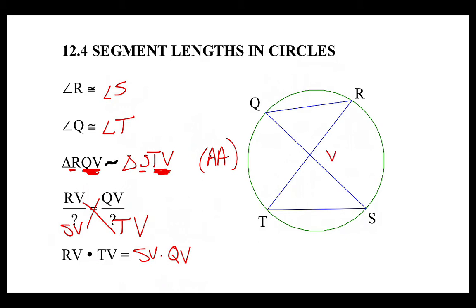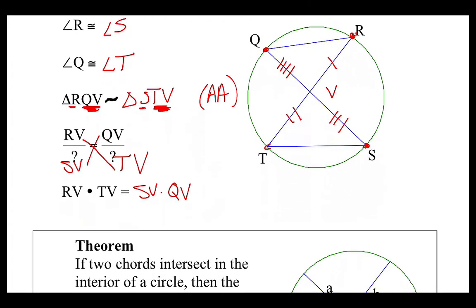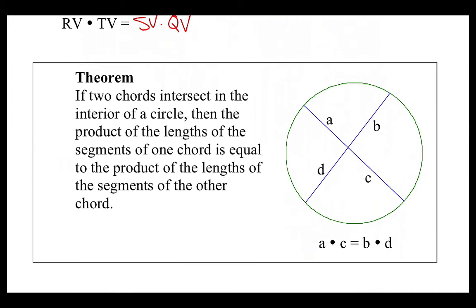We've got R to V, which is this segment, multiplied by TV, the other part of that entire chord, R to T. And SV is being multiplied by QV, so the chord from S all the way to Q, those two pieces multiplied together should equal the two pieces of chord RT. And that's the theorem that we get from those angles.